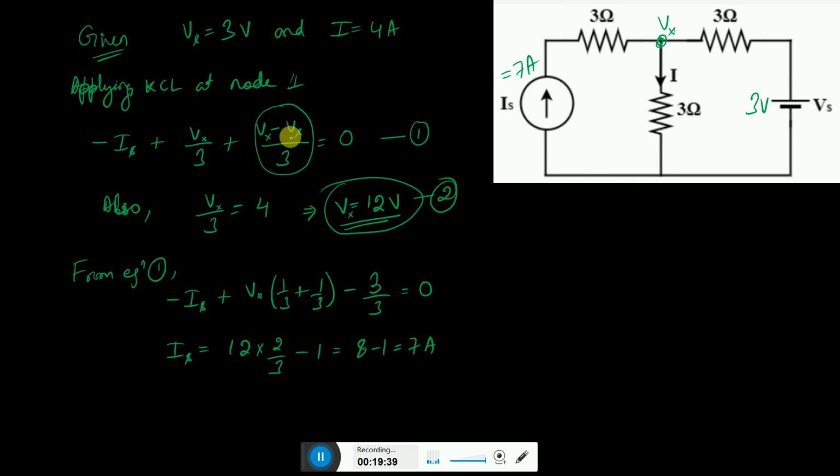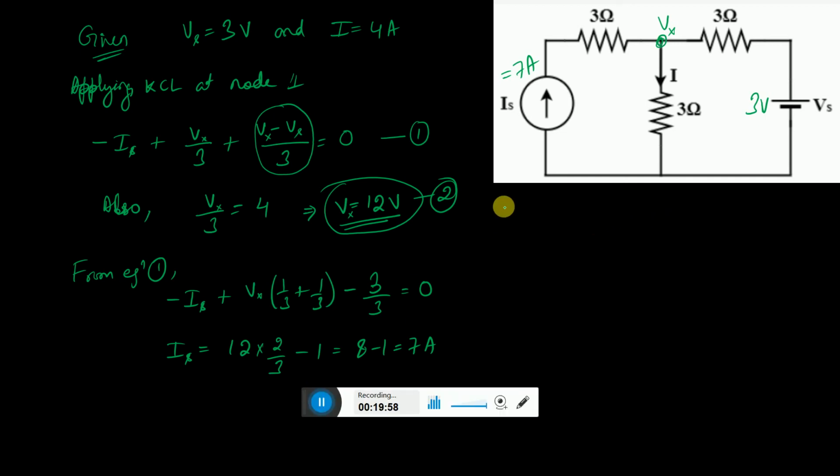You can also say I is equal to Vx minus 3 by 3, or you can put a KVL on this and solve it. So let us rewrite this equation again.